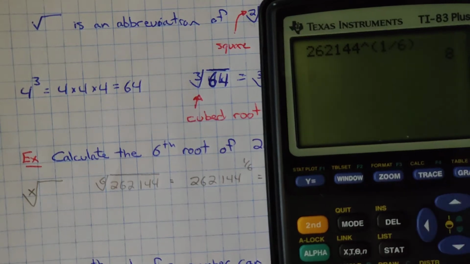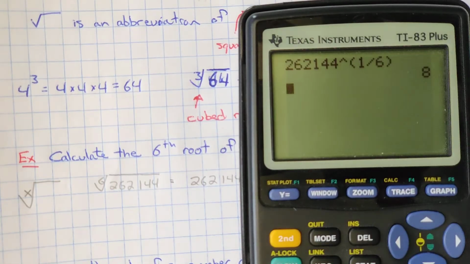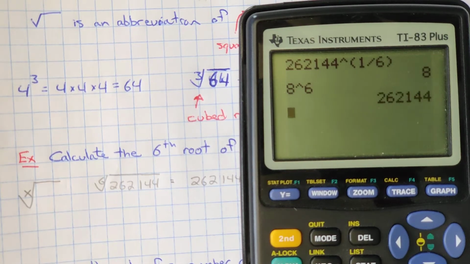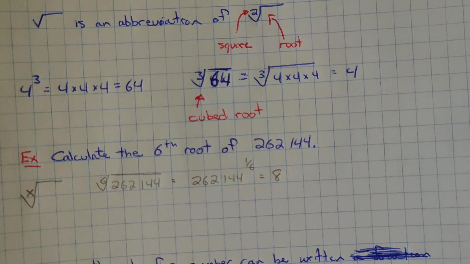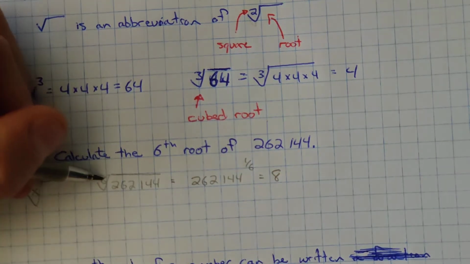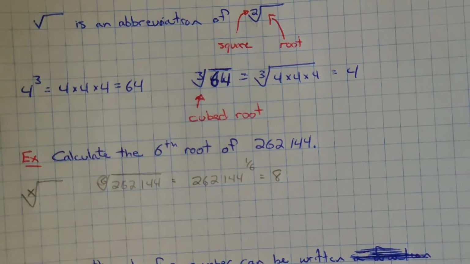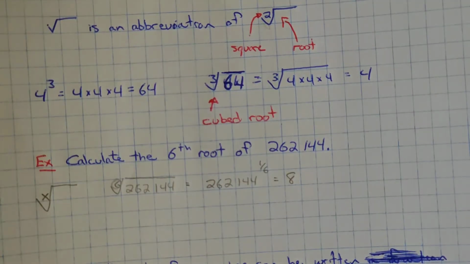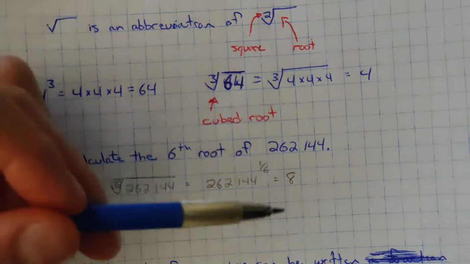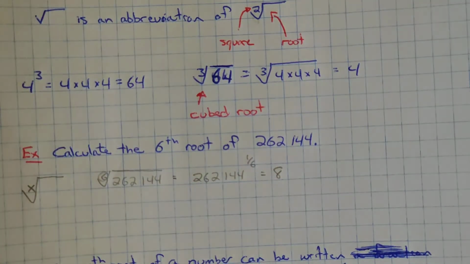And I can check that because that means that 8 to the power of 6 should be 262,144, which it is. So whenever you have a root, that value there is the bottom of a fraction. So 1 over 6 in this case.